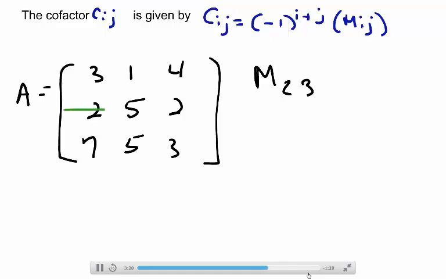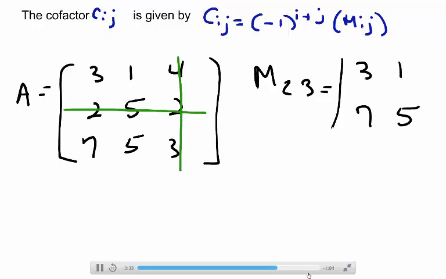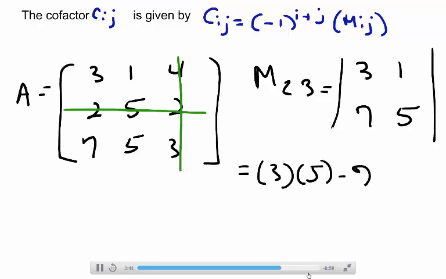We'll start by marking out row 2 and column 3, and then we'll take the determinant using the remaining values. So we have 3 times 5 minus 7 times 1. So our minor at row 2, column 3 is equal to 8.